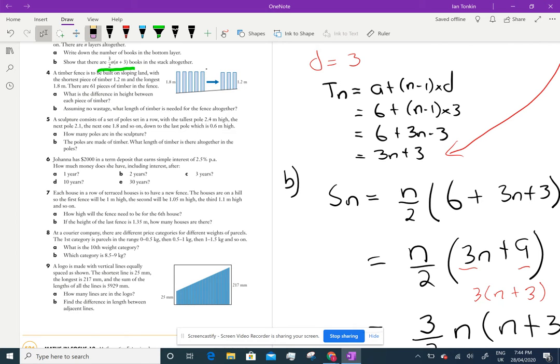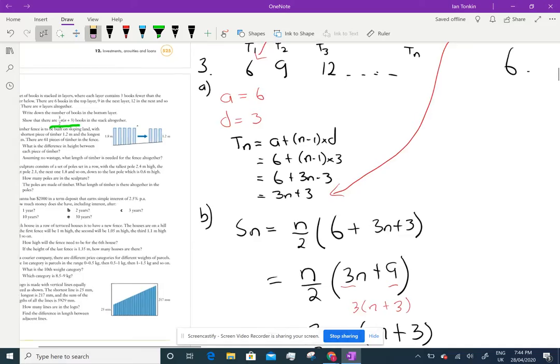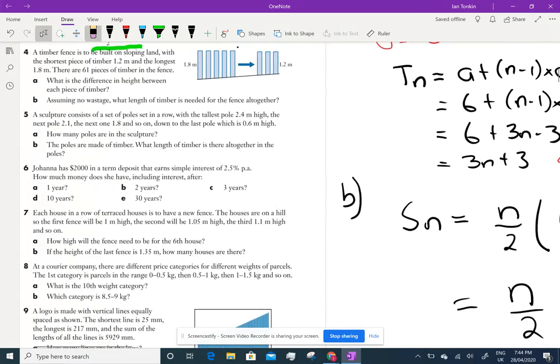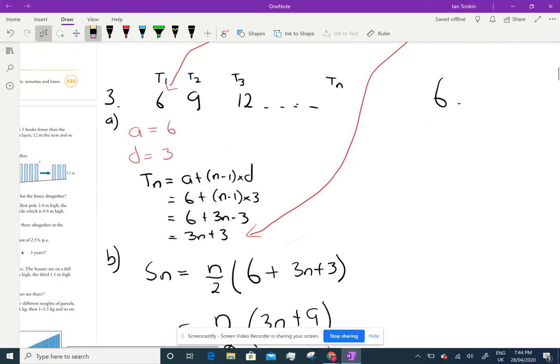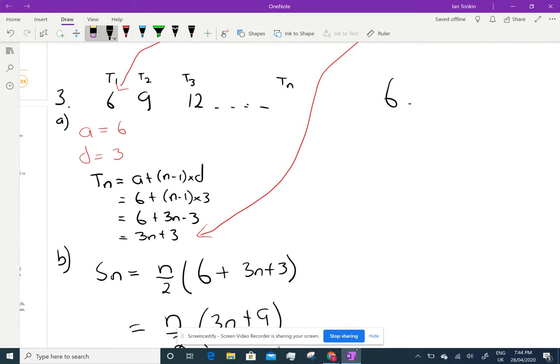There's no interest earned on interest. It's just a set amount. So what's our principal? Our principal is $2,000 and our interest rate is 2.5%. So in question 6, A equals 2,000. And our difference each year is going to be 2.5 on 100 of the 2,000.